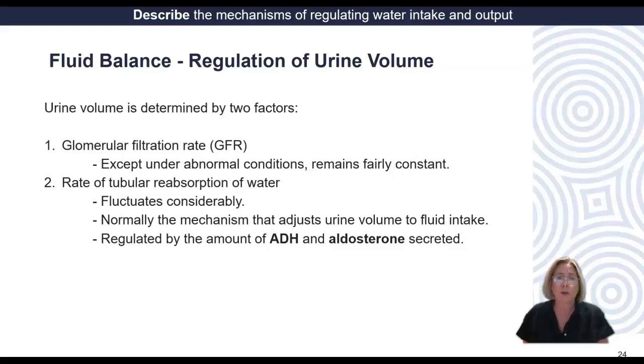However, the rate of tubular reabsorption of water fluctuates considerably. And remember those distal parts of the nephron tubule system, so the distal convoluted tubule and the collecting duct, are under hormonal control. So antidiuretic hormone and aldosterone are secreted when water needs to be retained.